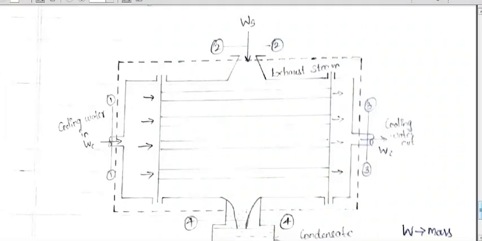The compressor is used to increase the pressure of air, and the pump is used to increase the velocity of liquid. So that is the major function of our previous devices.